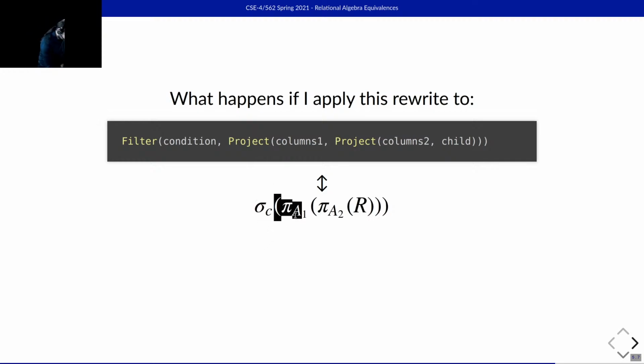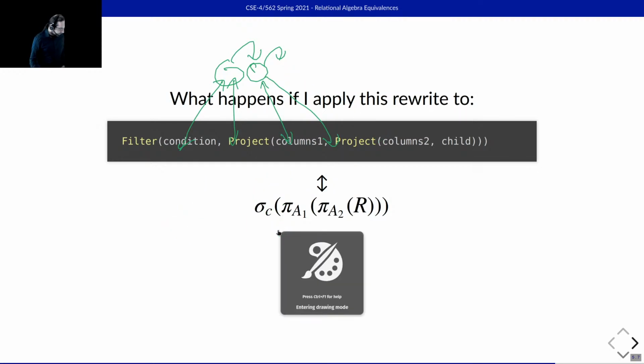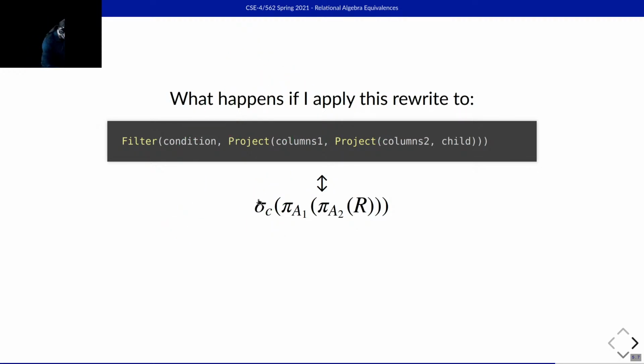So what we're going to see here is this part of the tree is matched. That's the pattern that we're looking for. Or equivalently, this part of the tree is going to get matched, and this is just going to be the child.